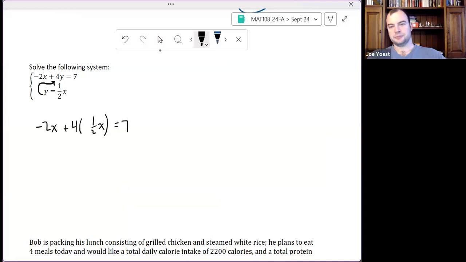And if I have negative 2x plus 4 times a half x, negative 2x plus 2x is 0 equals 7. This is always false. No matter which value of x I pick, this will never be a true statement, that 0 equals 7. So this is no solutions.